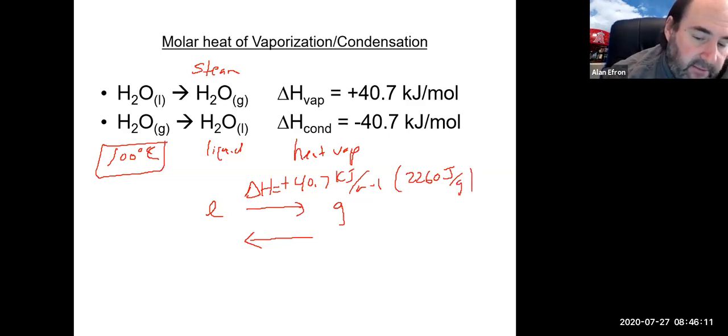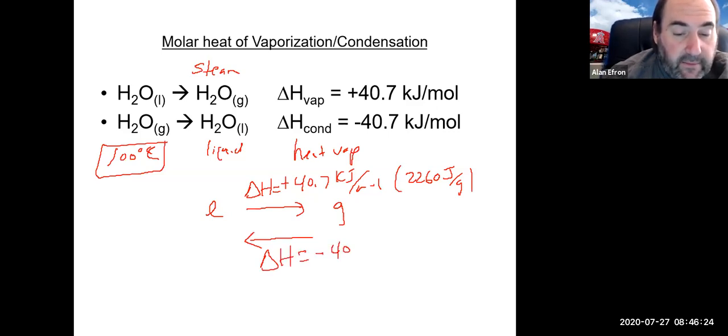And going the opposite way, going from gas to liquid, it's an exothermic process. So exact same number, only difference is the sign is negative 40.7 kilojoules per mole. And that's roughly minus 2260 joules per gram.